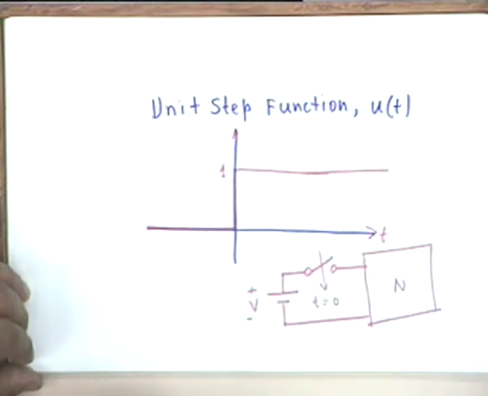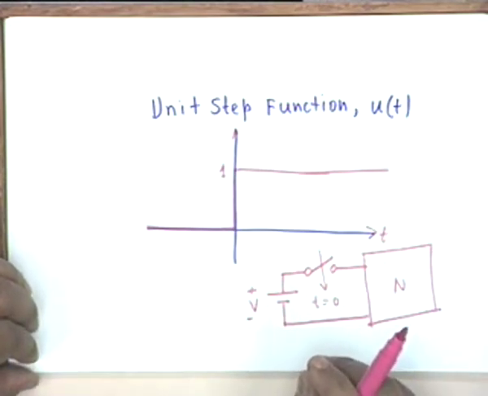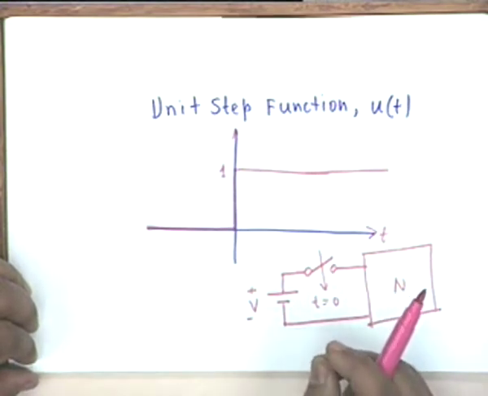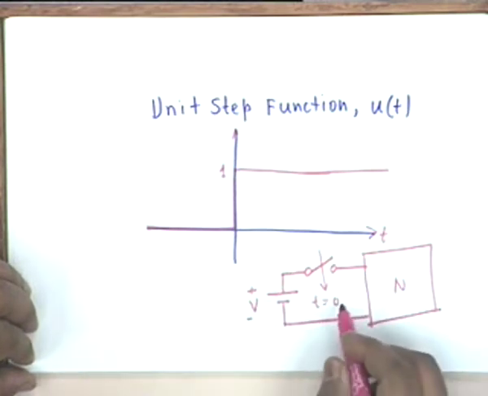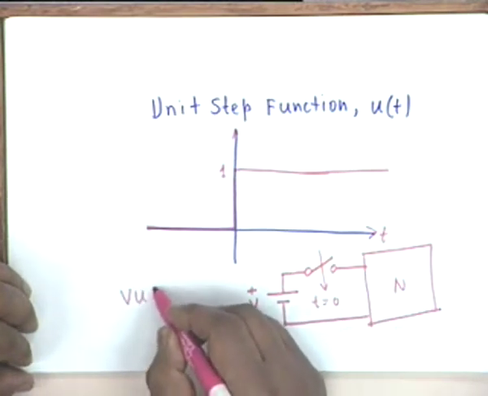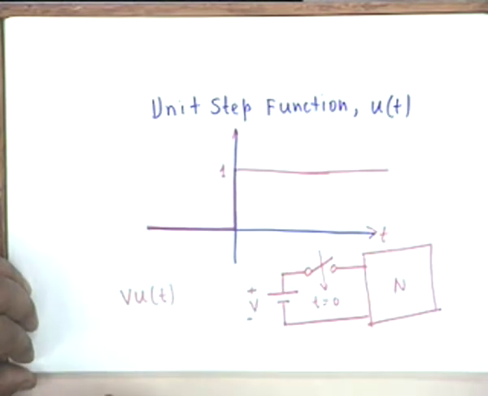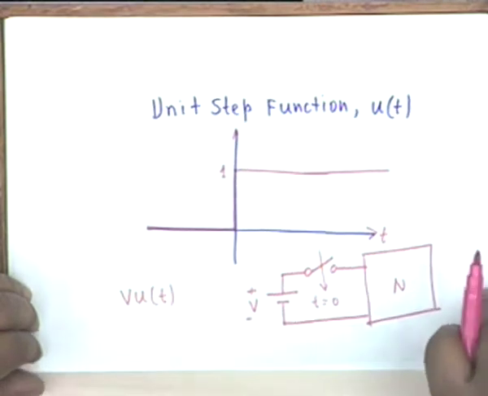And this is why the step function, the terminology, is to be introduced at this point. That is, when you switch on a battery to a two-terminal circuit, what you are precisely applying is a step function of magnitude V. In other words, what you are applying is V times u of t.